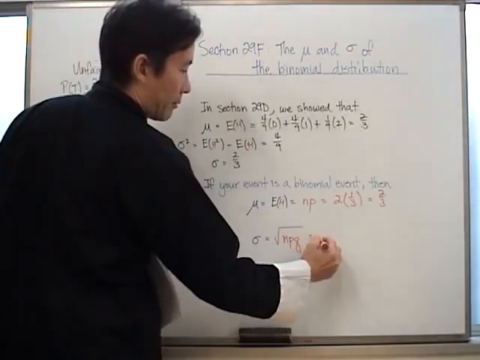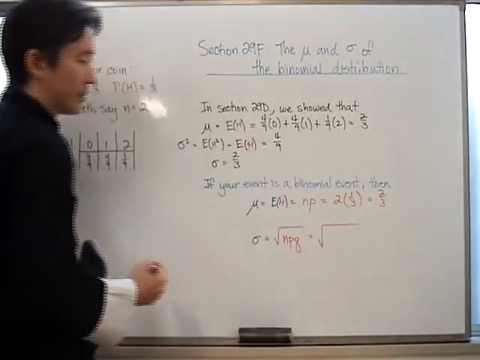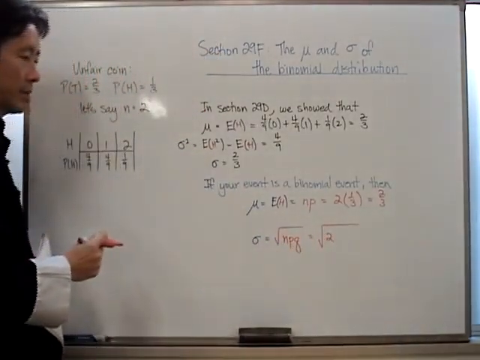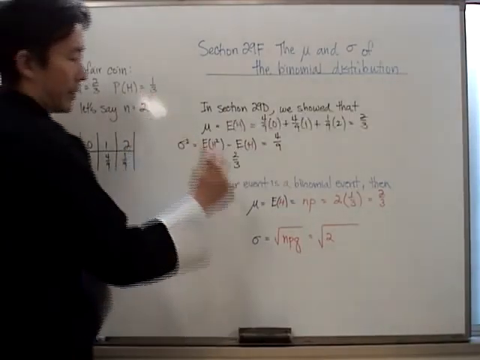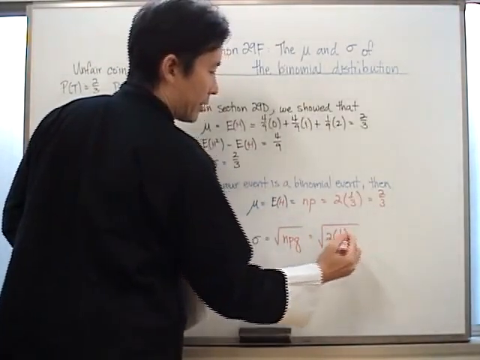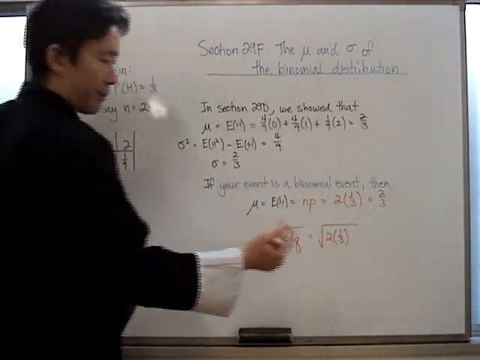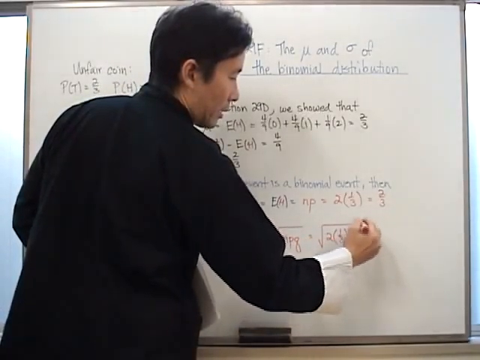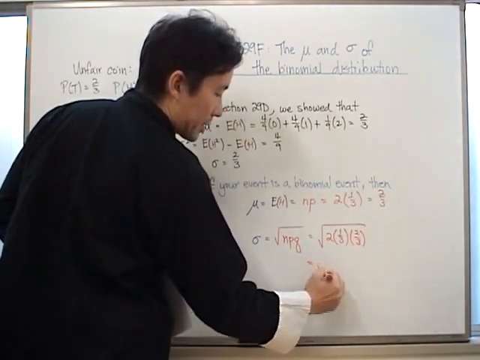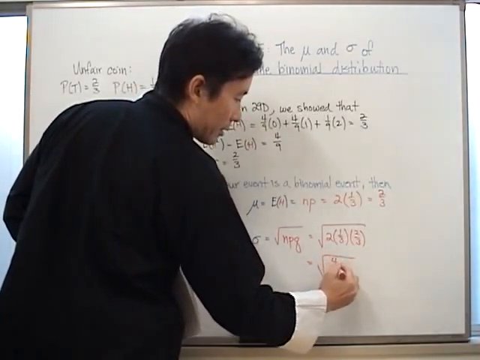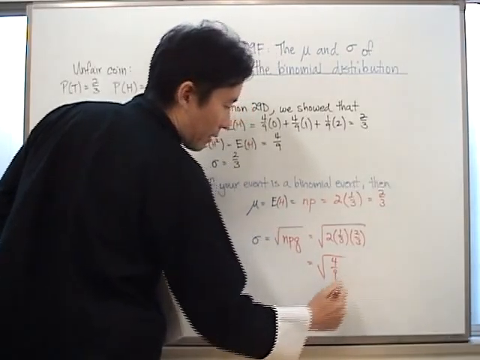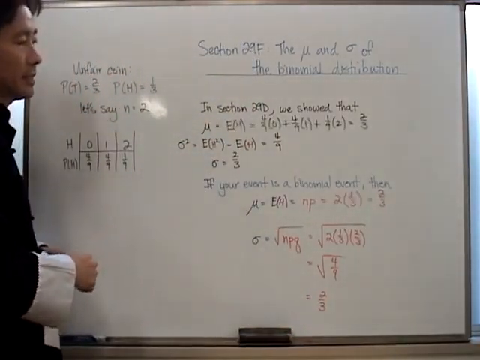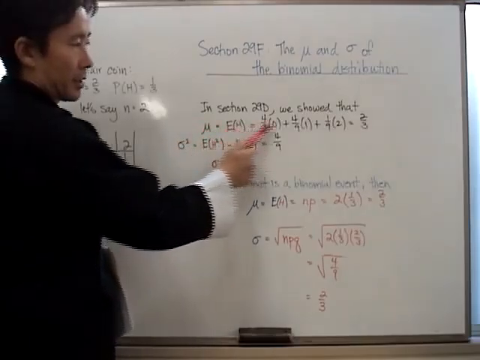Let's take a look at what those values are again. n, the number of times we do the experiment, is 2. p, the probability of getting a head, is 1/3, times q, which is the probability of getting a tail. Oh, sorry, that's q. So if we do this calculation, we come up with the square root of 4/9, which of course is 2/3. And notice that you have consistency with the information by solving it using the longer method.